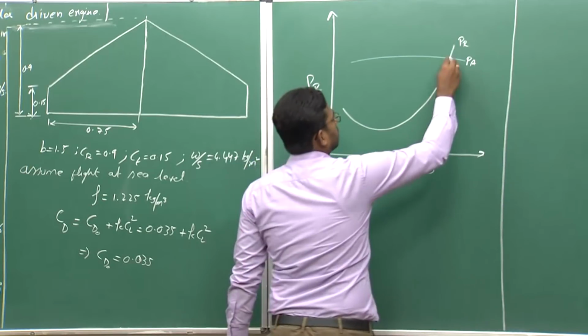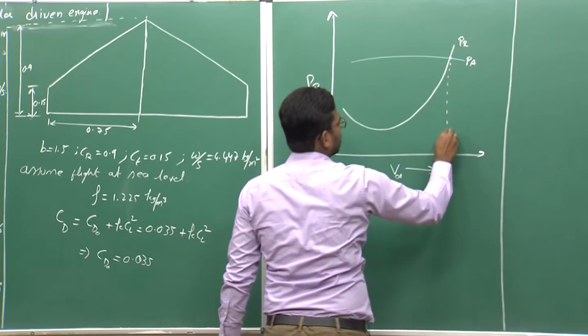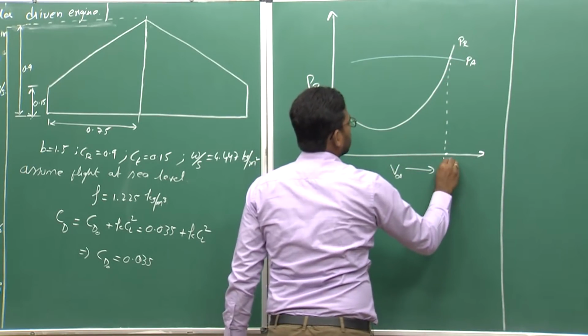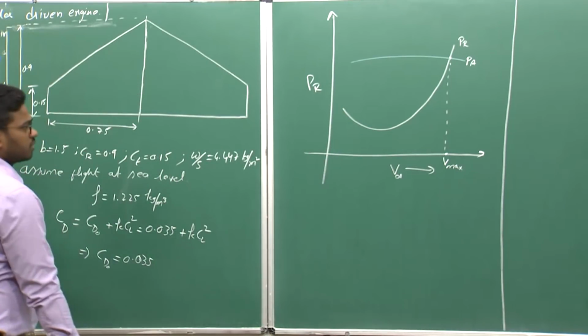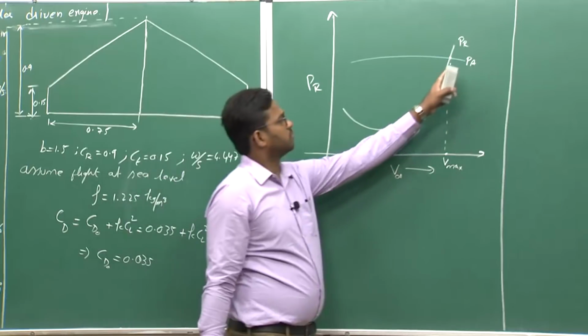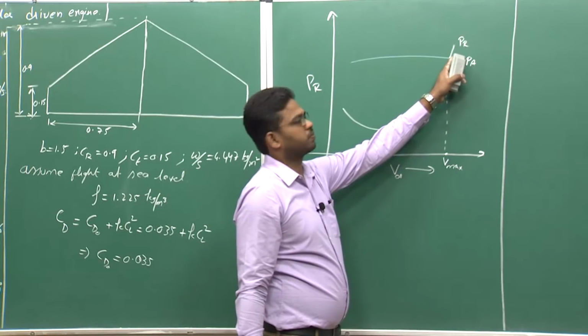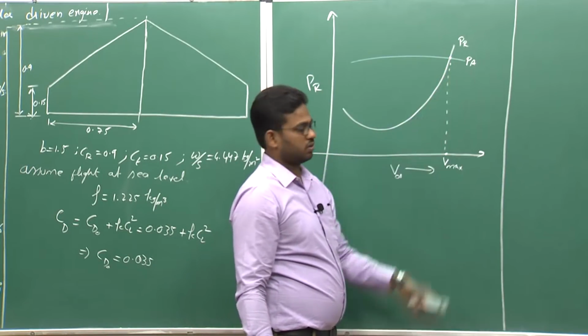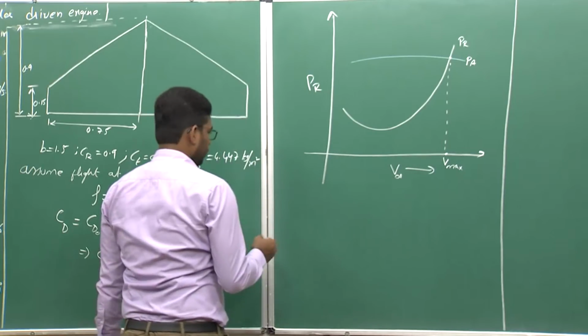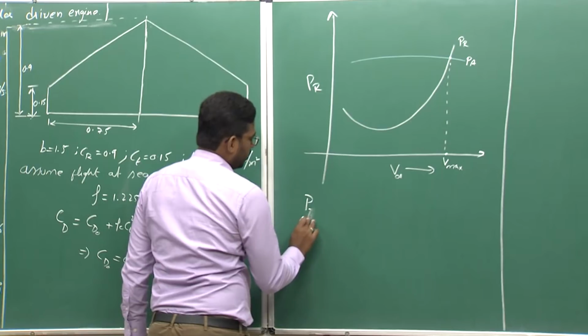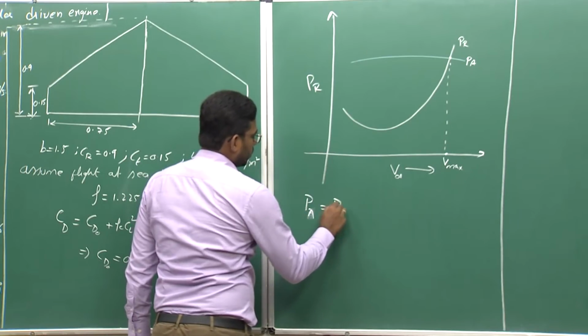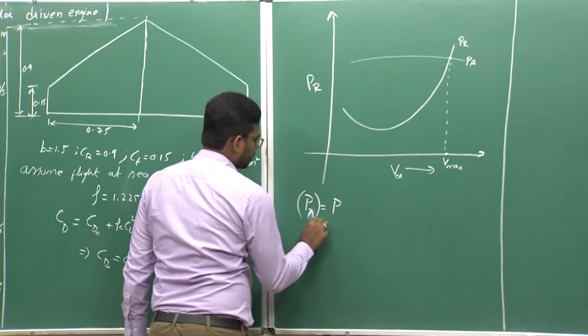Say this is your Vmax, which in our case is 35 meters per second. You need to find out this point of intersection. For this power required, the power available at that point equals the power available max.